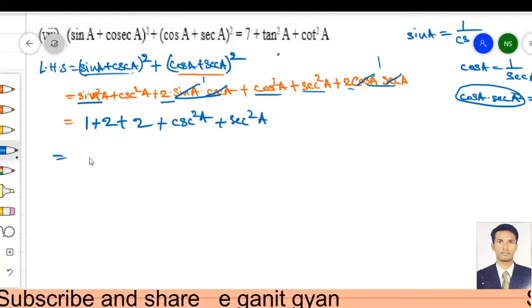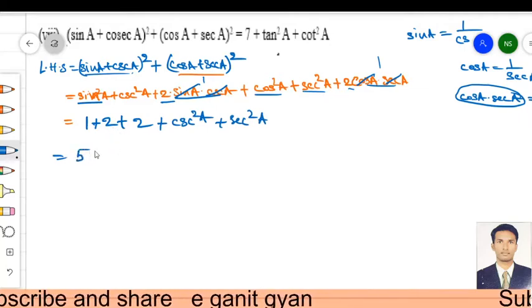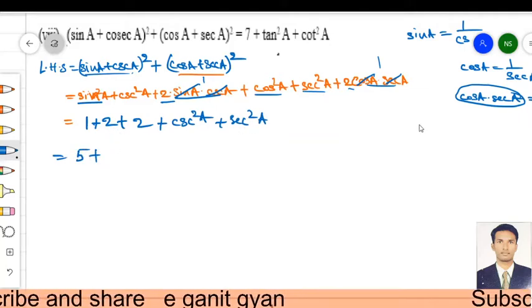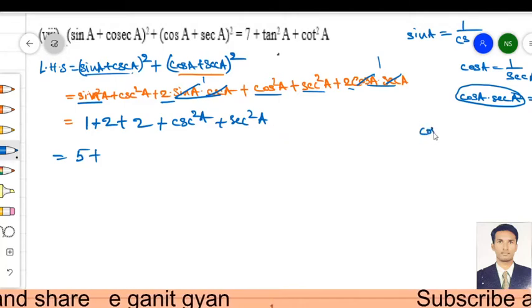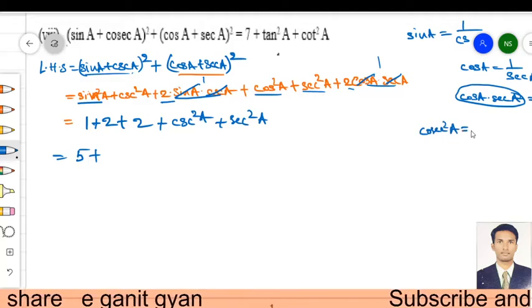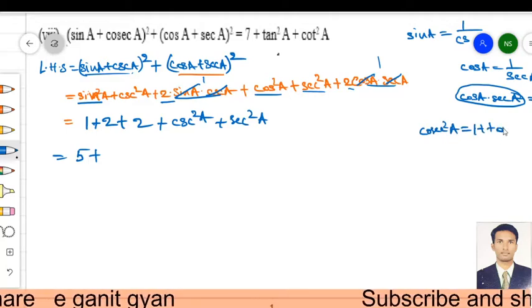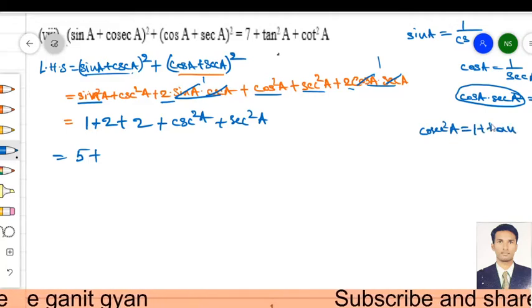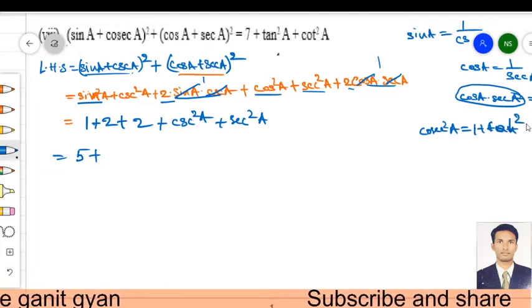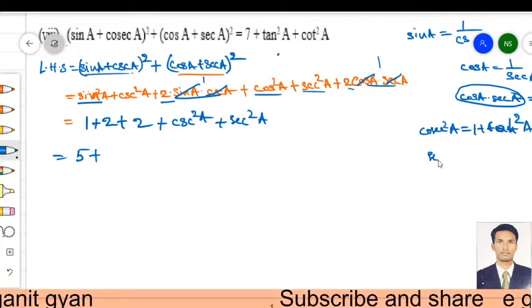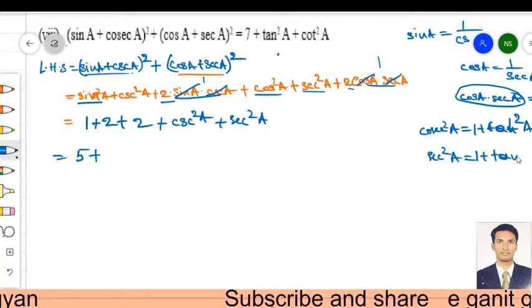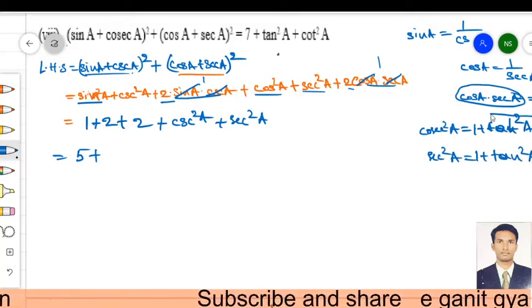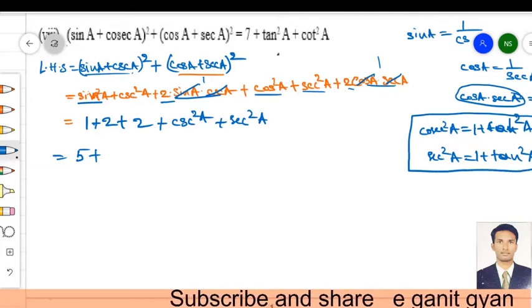1 plus 2 plus 2, I'll get 5 plus cosecant square a is equal to 1 plus cot square a, and secant square a is equal to 1 plus tan square a. We have two basic identities.